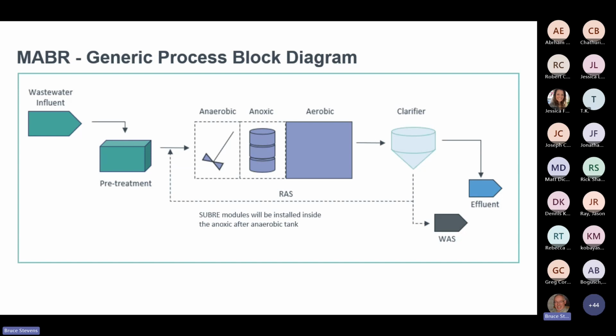Everybody uses pre-treatment at the beginning of the plant to take out FOG and screenings and other particulates, grit. And then we go immediately to an anaerobic zone, where we mix the RAS from the process with the incoming raw wastewater. It's an important step in our process design.